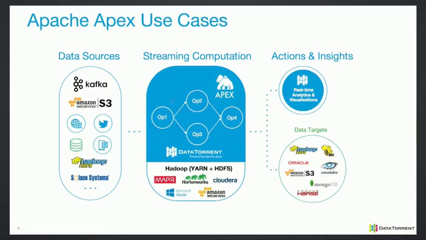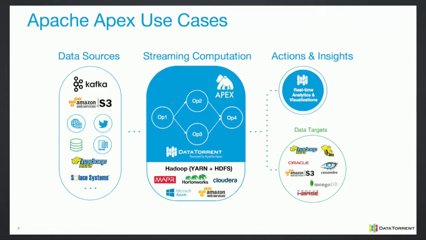You're either reading files or you're connecting to messaging services and getting messages. They flow into the system. They're processed through an Apex application, which runs natively, as I said earlier, on your Hadoop, YARN, and HDFS clusters. And we support all types of distributions, including Hortonworks, MapR, Cloudera, EMR, etc.